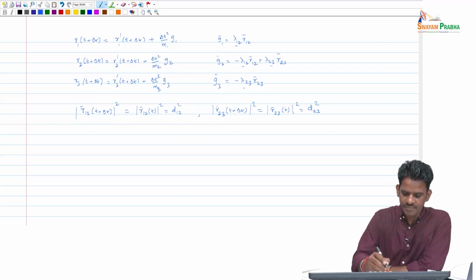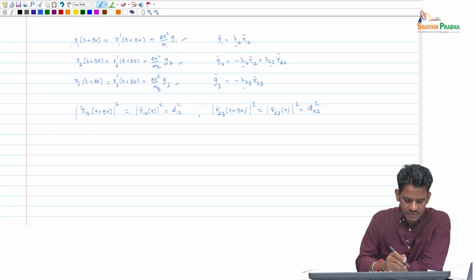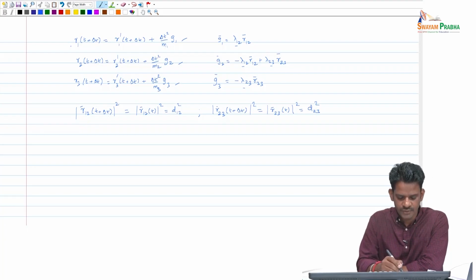Now that we have obtained an expression for updating the positions, we have to insist that these conditions be satisfied by these equations. To do that, we take R1 minus R2, take the square of the magnitude and then equate that to d12 square.